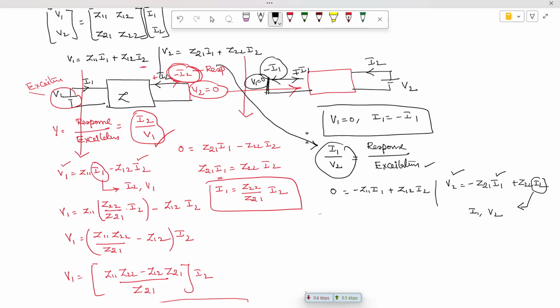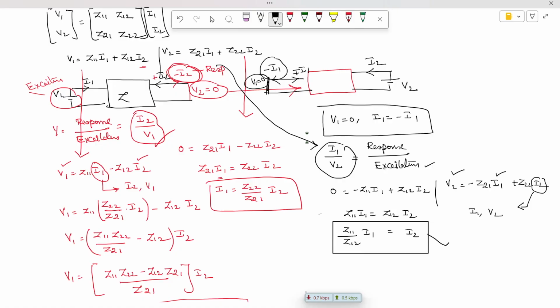Check out this equation: here you can write Z11 I1 is equal to Z12 I2. Now I want the substitution for I2, so I2 is equal to Z11 divided by Z12 into I1. This is the substitution we actually require.